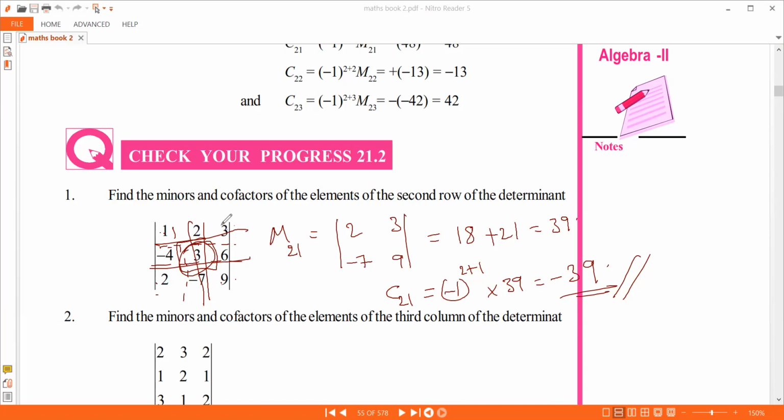So the minor is 3. So C22 is equal to -1 whole power 2 plus 2, into 3, which will be -1 to the power 4, which is plus 1. The answer is 1 into 3, 3, right?